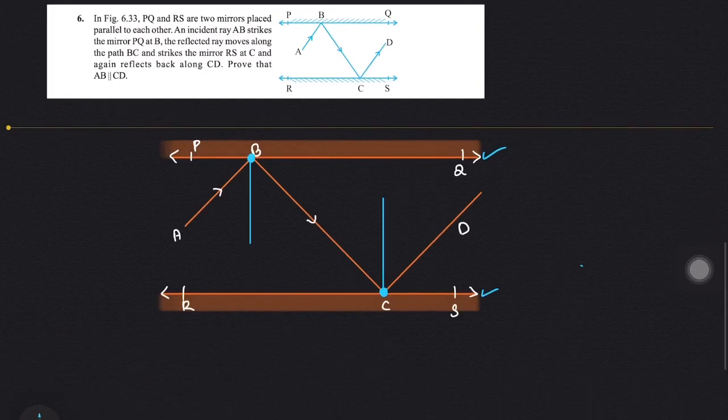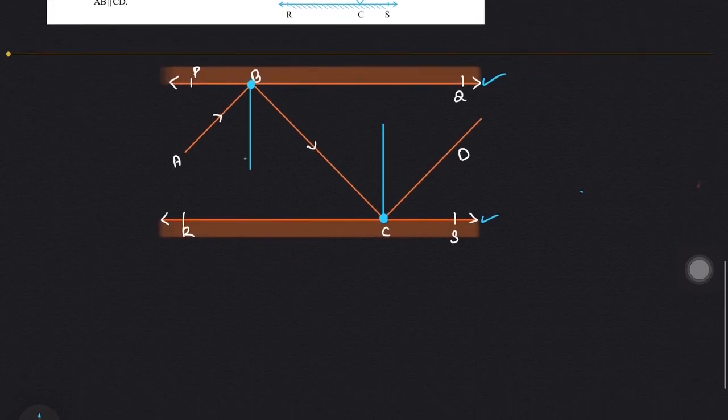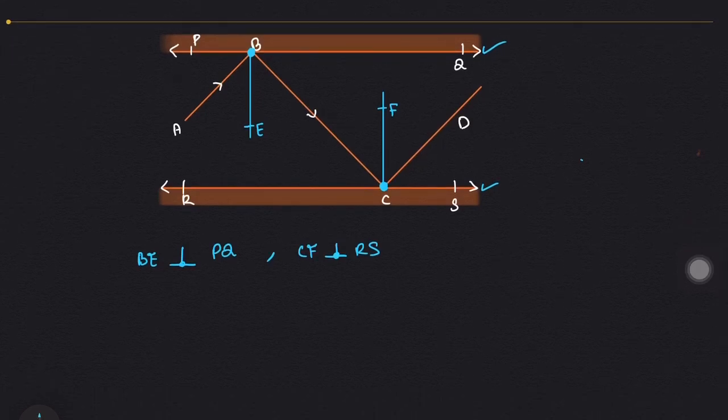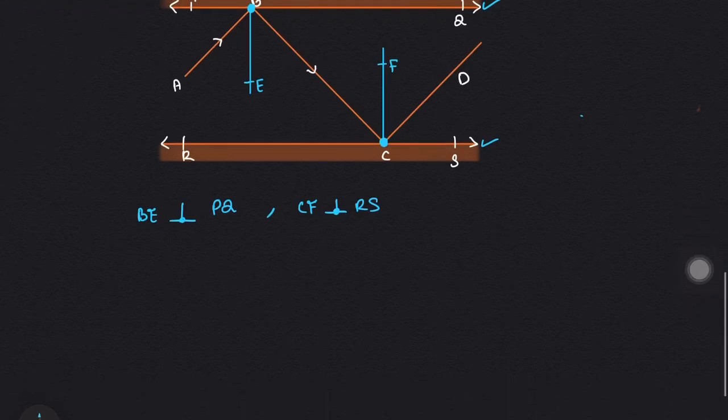Just consider this one is E and this one is F. So BE is perpendicular to PQ and CF is perpendicular to RS. In the angle conditions, just mark angle 1, angle 2, angle 3, then angle 4.